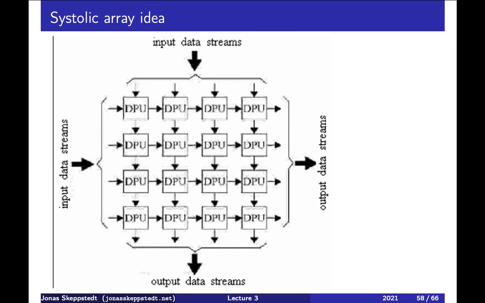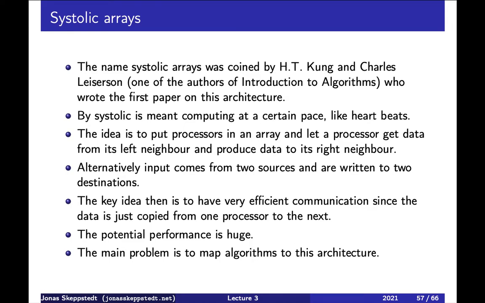Okay, so I mean, for instance, a bus or other network is not overloaded since the communication is only one link to the neighbor. Okay, so the problem with this is that it's difficult to map an algorithm to this architecture.